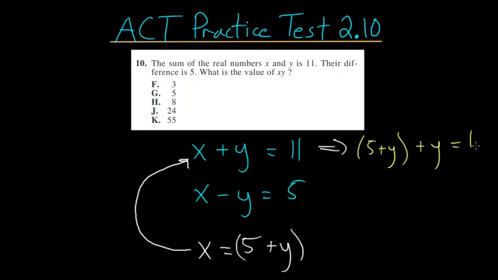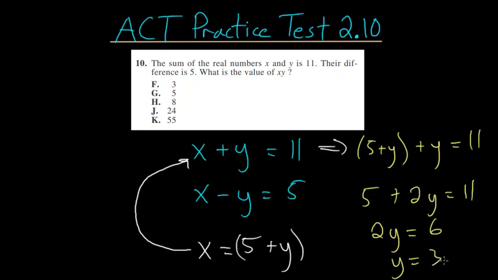And then this all equals 11. And now simplifying, we have 5 plus y, or 5 plus 2y is equal to 11. And subtracting 5 from each side, we have that 2y is equal to 6, or y is equal to 3.